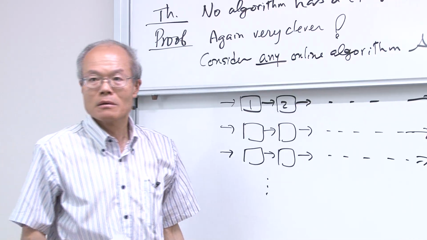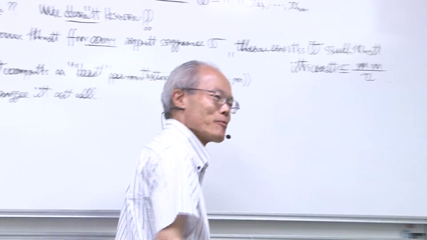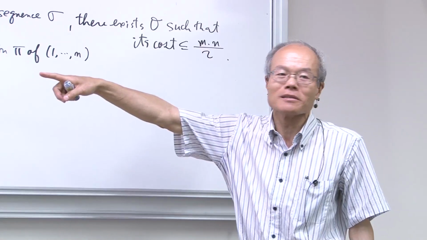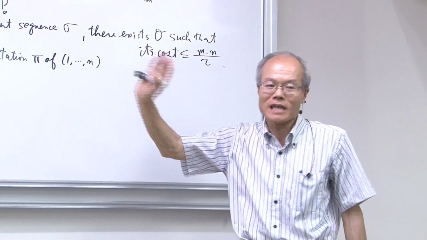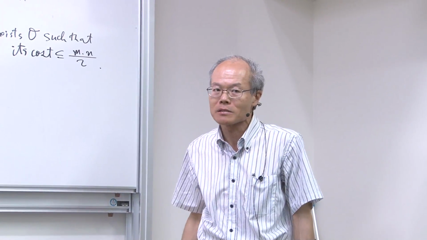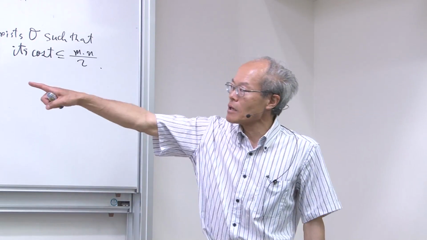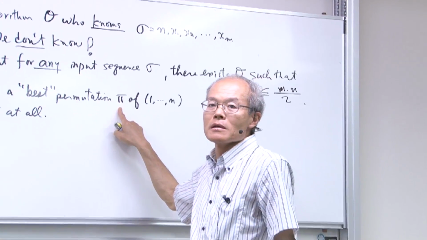Of course, there is a small problem: how can he change the initial list to this permutation pi? That is not so difficult, so let's forget it for a while. Suppose that the algorithm O can get the best permutation pi.